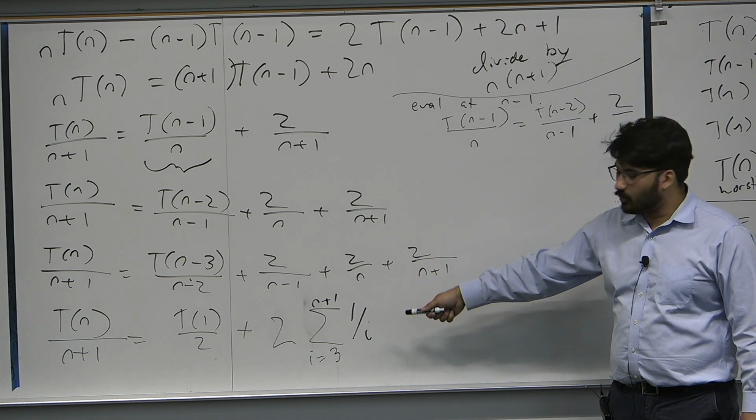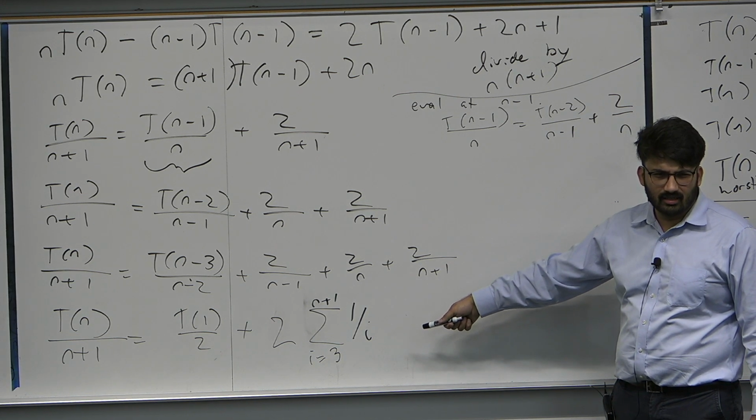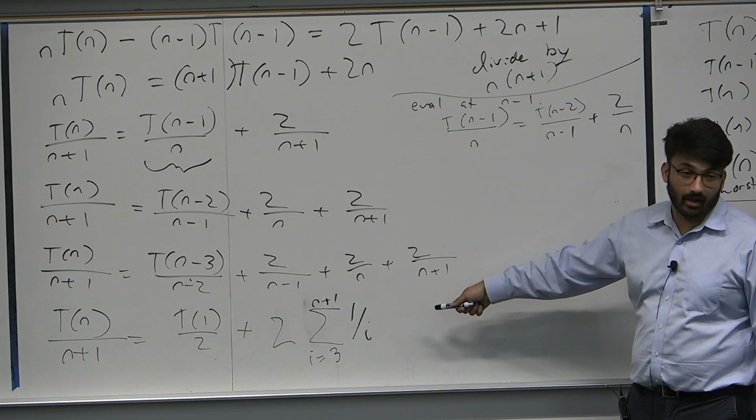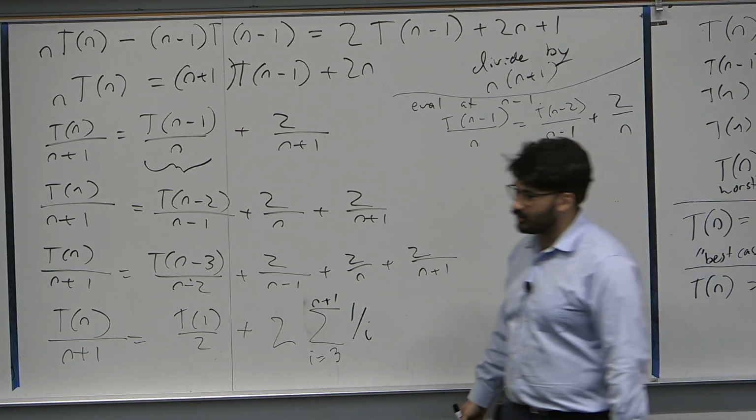Okay. So we have some constant plus the sum. Does anyone recognize that sum? There's a name for it. Does anyone know the name of that sum? Again, I don't expect you to know that, but it's the harmonic numbers.